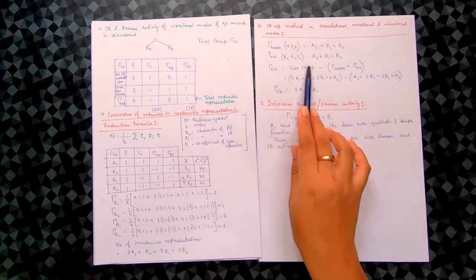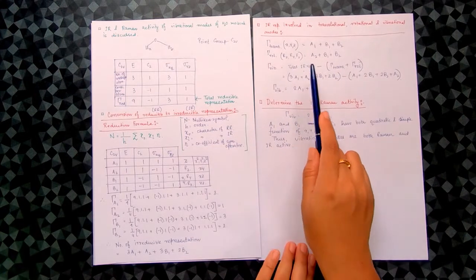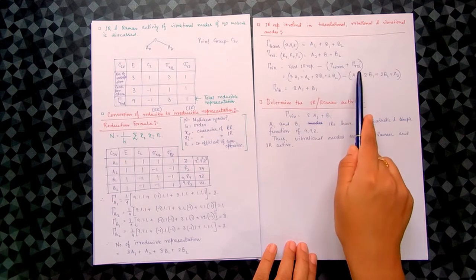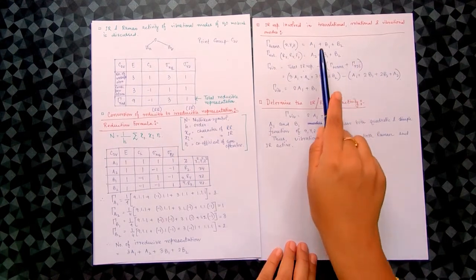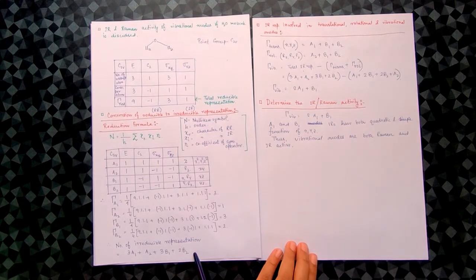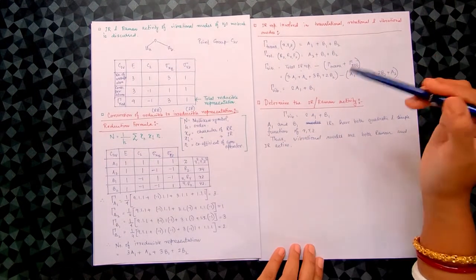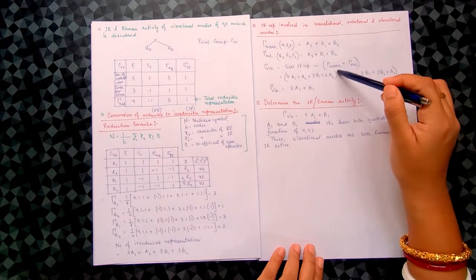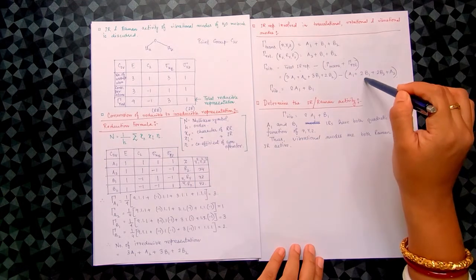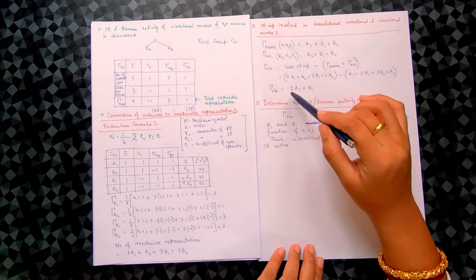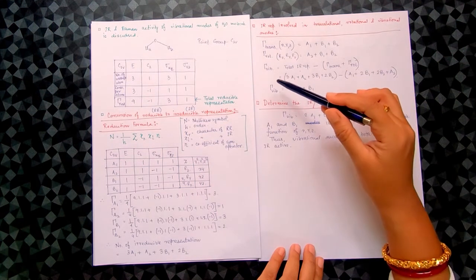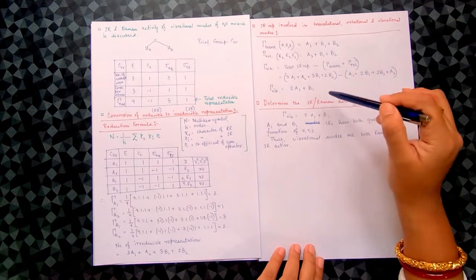So this is the formula: total irreducible representation minus irreducible representation of translational and rotational mode, which we have already calculated. We get a difference out of it, and the value is 2A1 plus B1. That is the irreducible representation for vibrational mode.